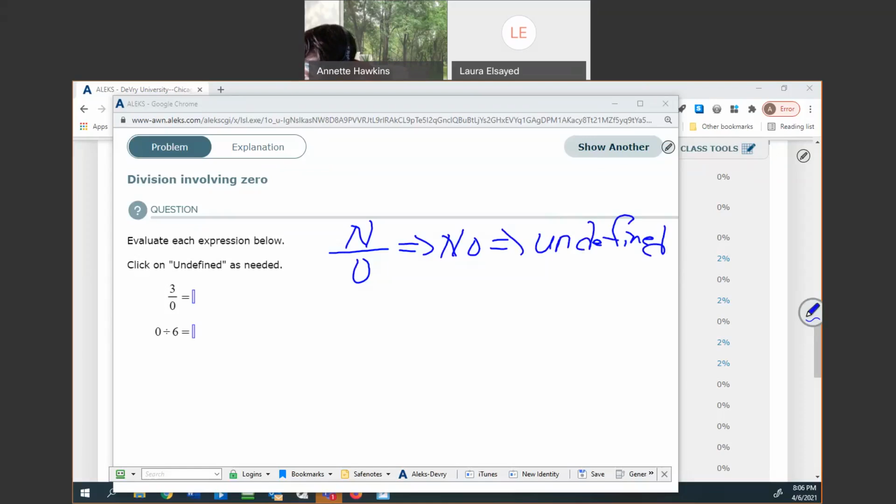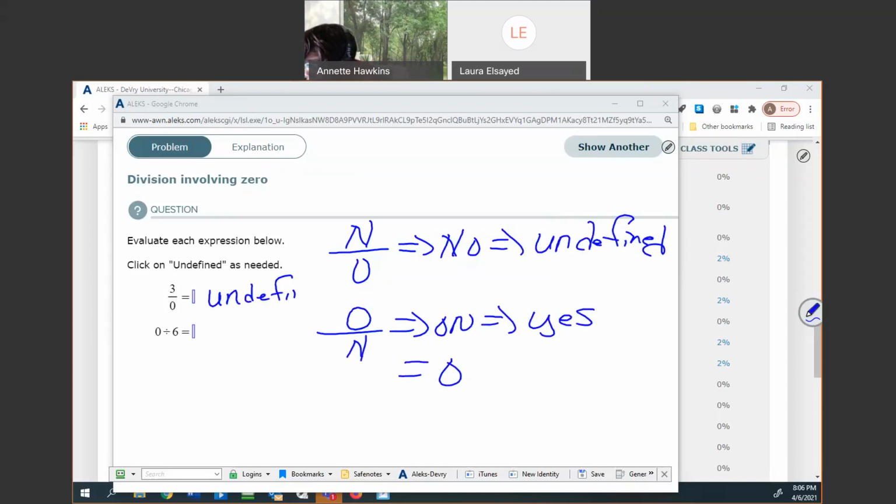If you have 0 over a number, that's on, which means yes, and the answer is 0. So this one is undefined, and this is 0. Okay.